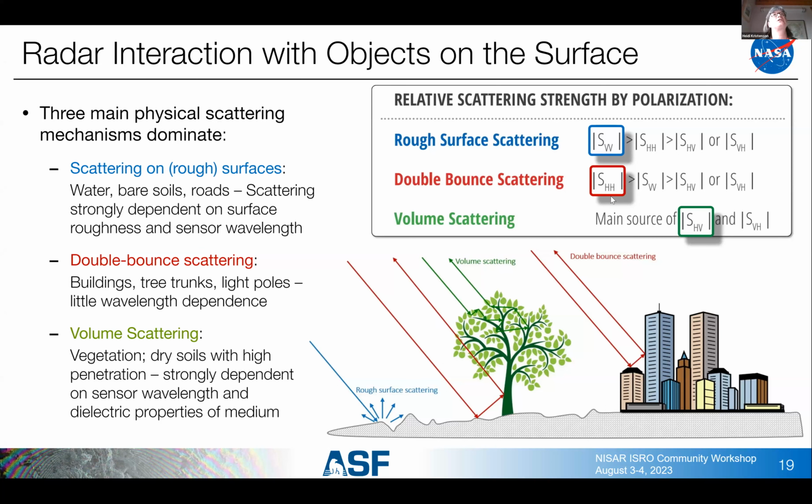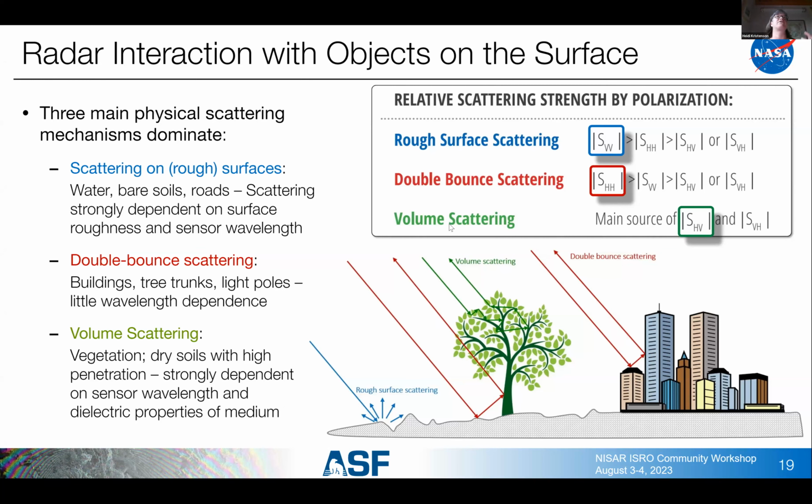For the HH polarization, it's most sensitive to double bounce. So all of this dihedral reflection that's bouncing off buildings, or if you're looking at ships on the ocean, for example, HH is very sensitive to those vertical structures on the landscape.